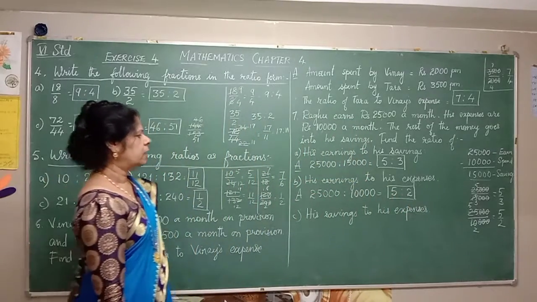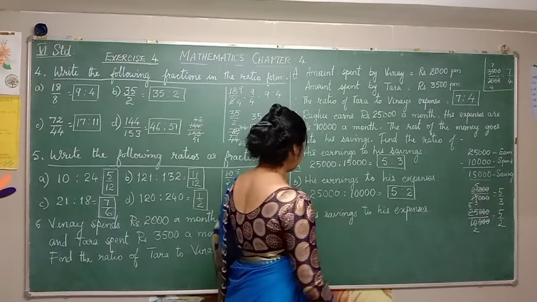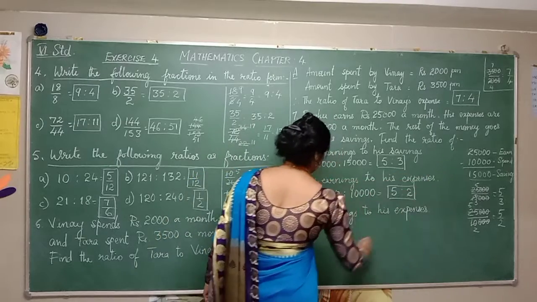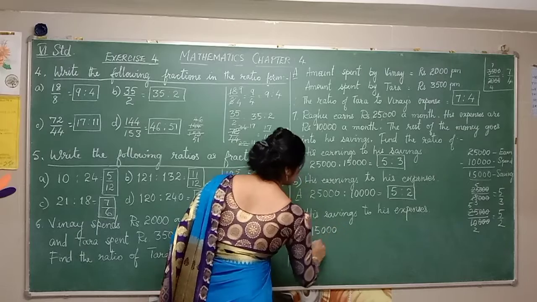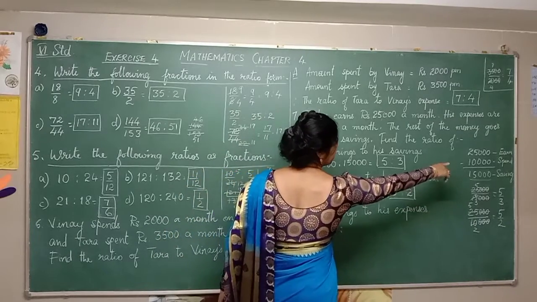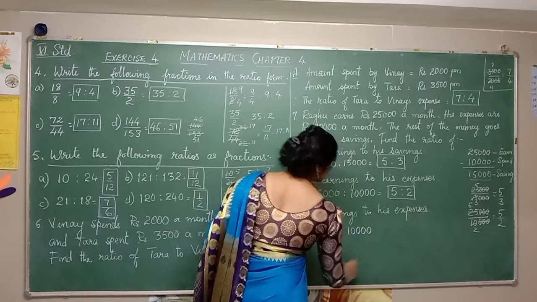Clear? Next one is savings to his expenses. Savings is how much? 15,000. 15,000 is his savings. And expense how much? That means how much is spending? 10,000. Isn't it?